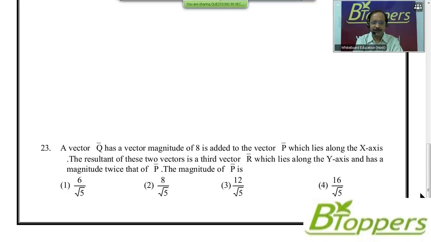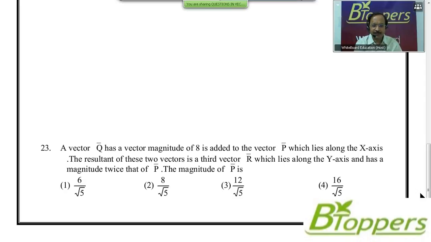The resultant of these two vectors is a third vector R bar, which lies along the y-axis and has a magnitude twice that of P bar. The magnitude of P bar is, you are given four options.